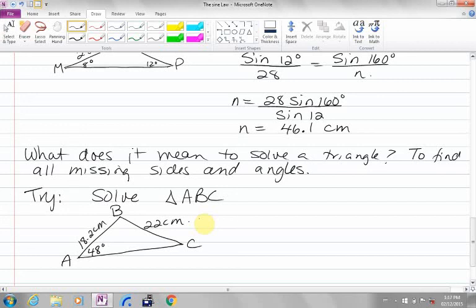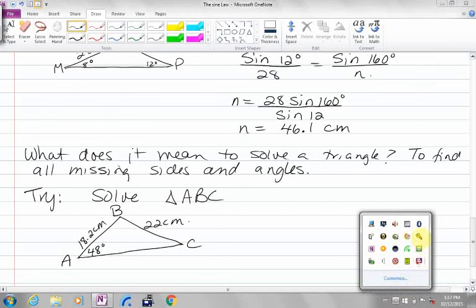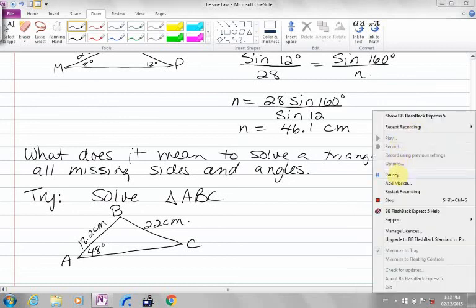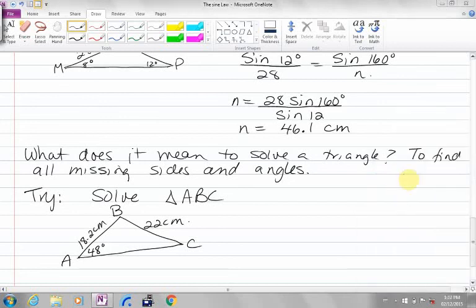Okay, so find for me all the missing pieces. Quickly now, because we're almost out of time.